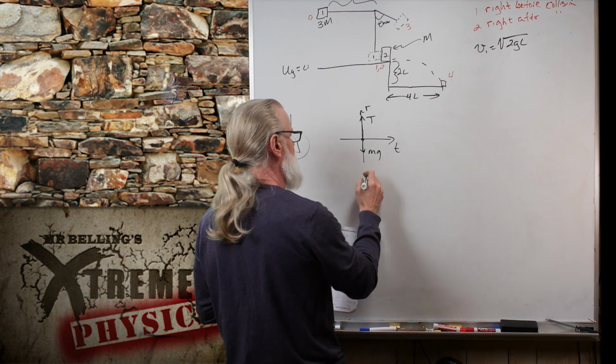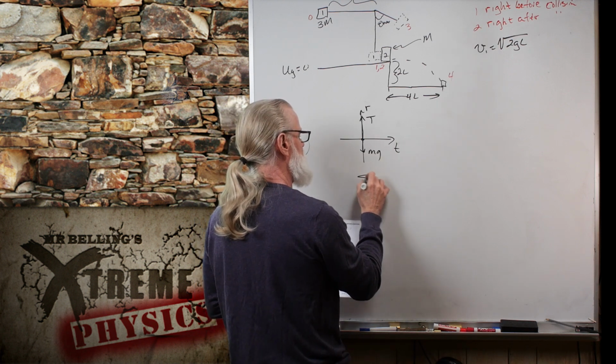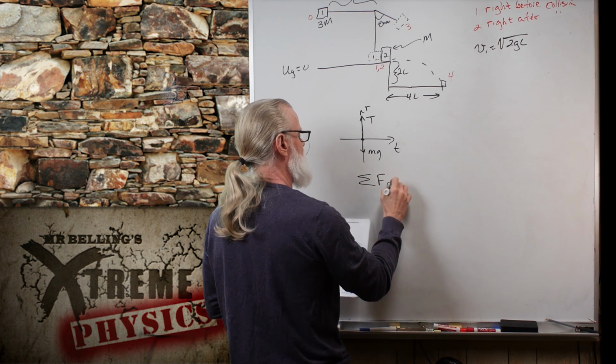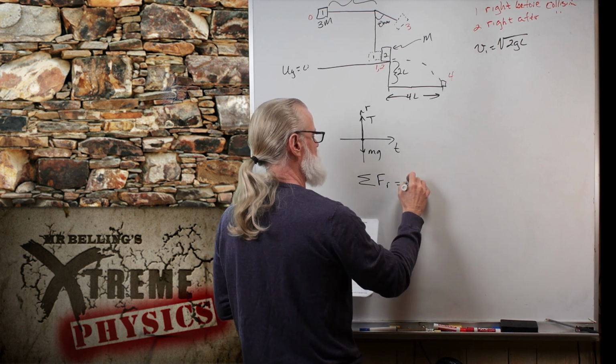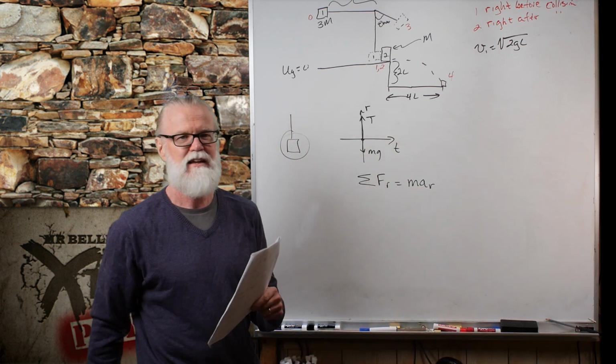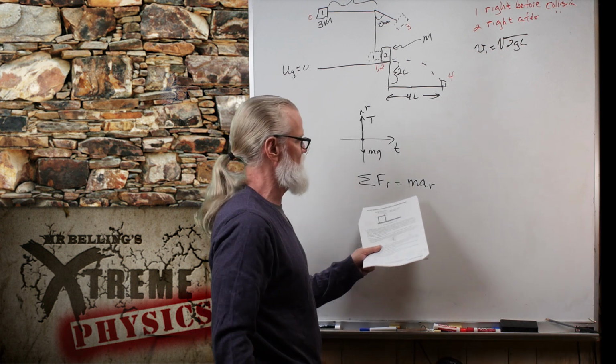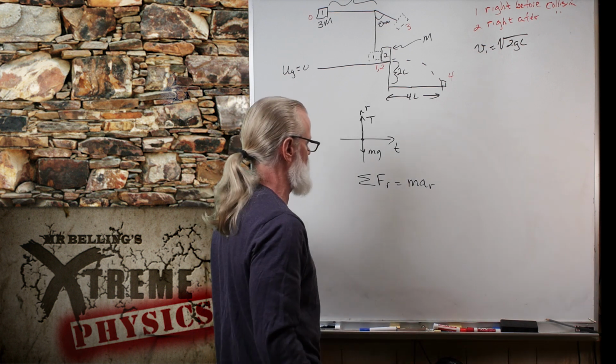Let's apply Newton's second law. I want to know what that tension force is. Well, the sum of the forces in the R direction equals mass times the radial acceleration. It's in uniform circular motion, and even if it wasn't uniform, it is in circular motion, so it has a radial acceleration.